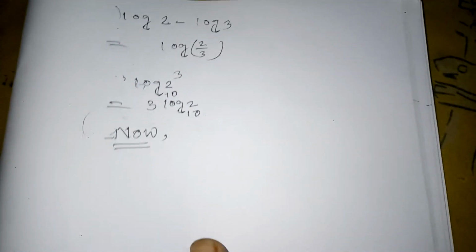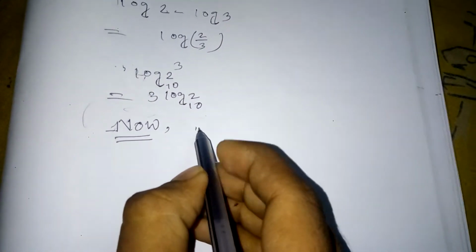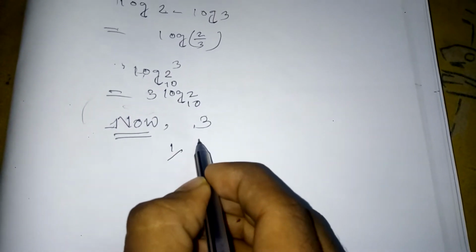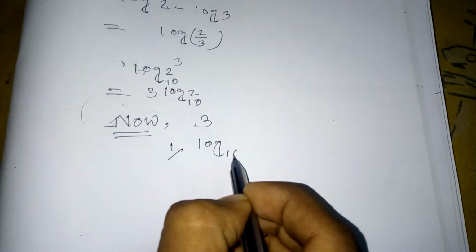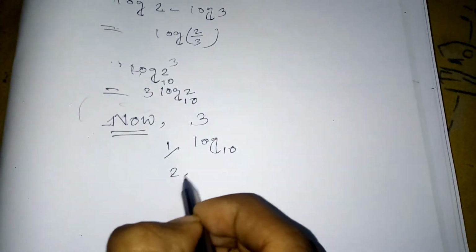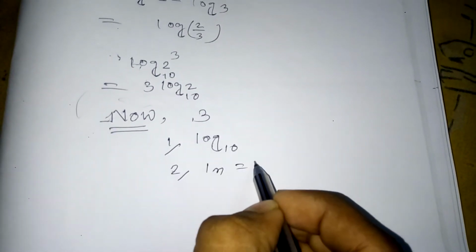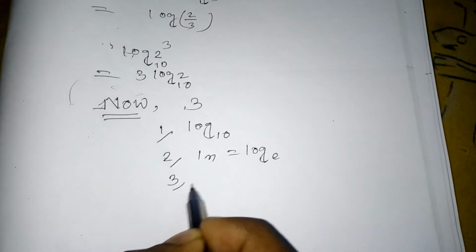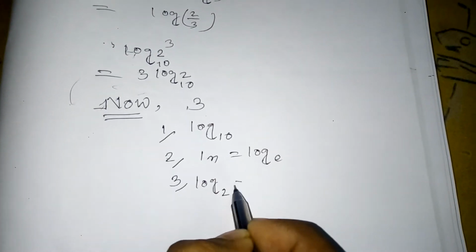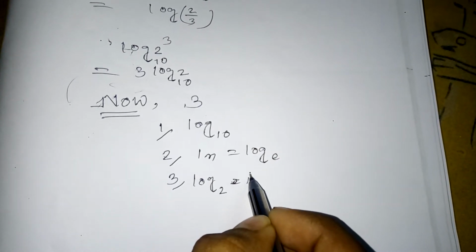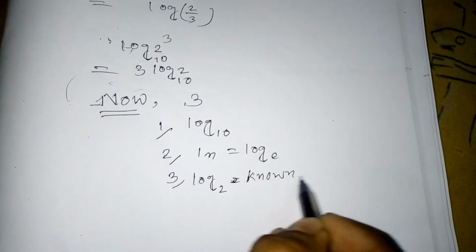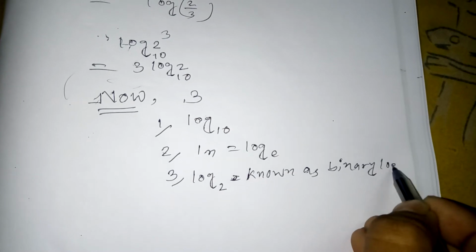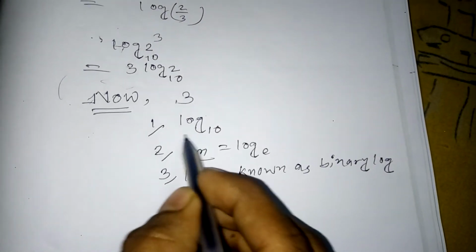Now we will talk about the kinds of logs. There are mostly 3 kinds of logs. First, the common log, which is log with base 10. Secondly, ln, or log when the base is e. And third, when the base is 2, it is known as binary log. There is a relation between them. What is that relation?